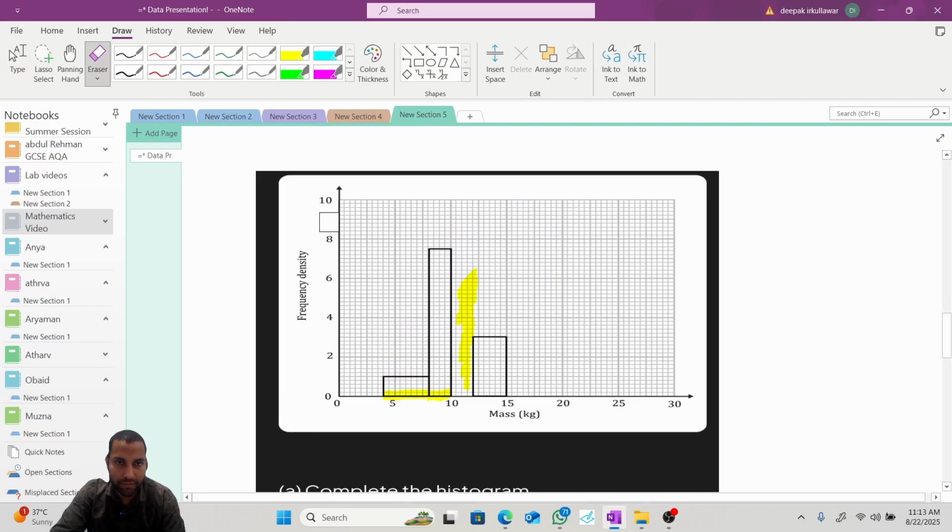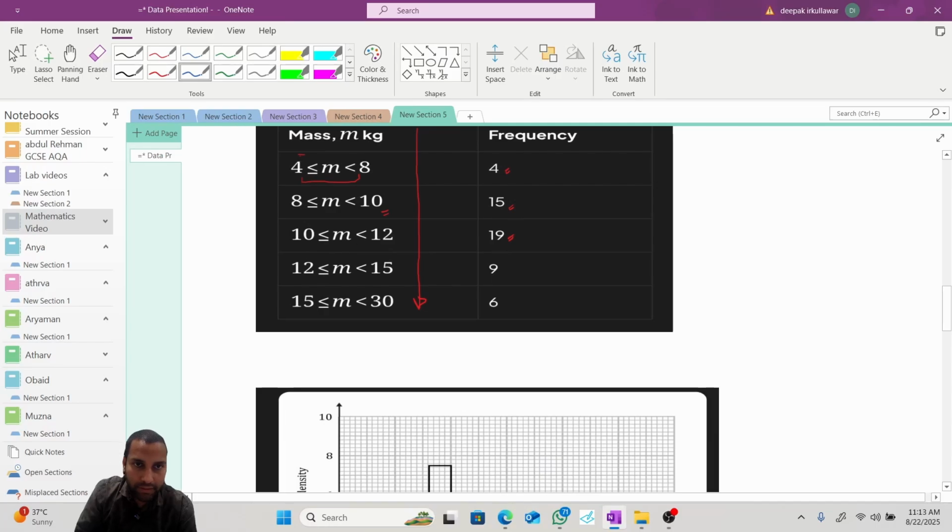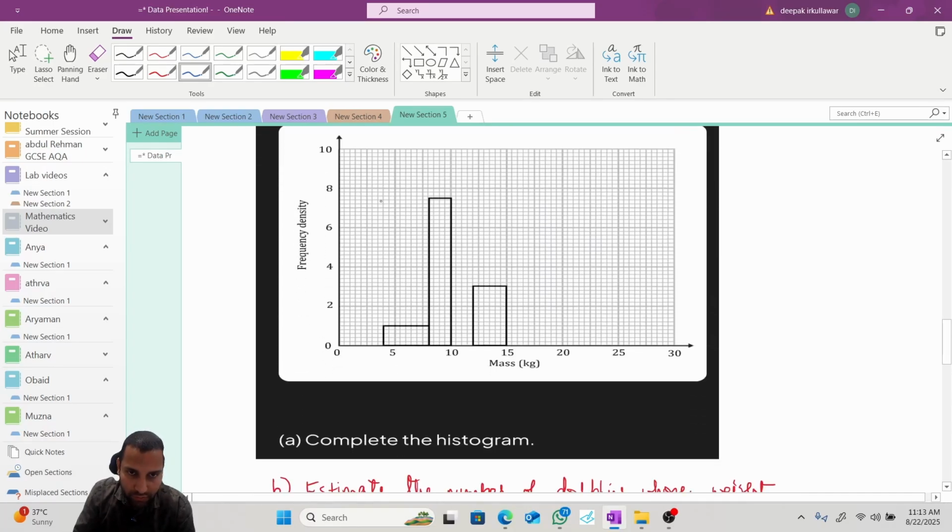How can you complete this histogram? First you need to know the class width. What is the width here? How much should be the width here? This is the third data, starting from 10 and ending here, so it should be 2. You can see this is 2, 10 to 12.